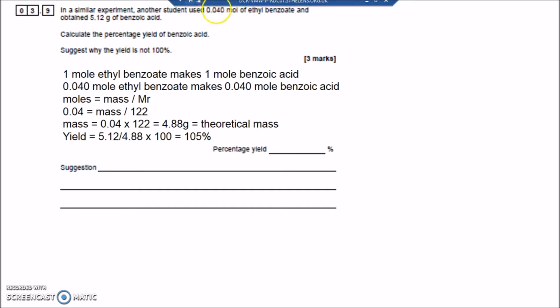I've only got 0.04 moles of ethyl benzoate. So 0.04 moles of ethyl benzoate will make 0.04 moles of benzoic acid, the same amount.